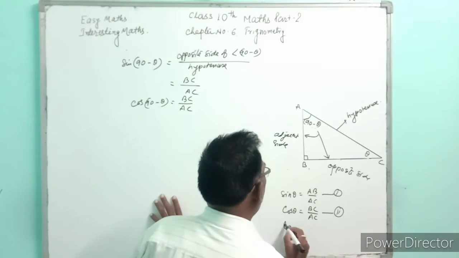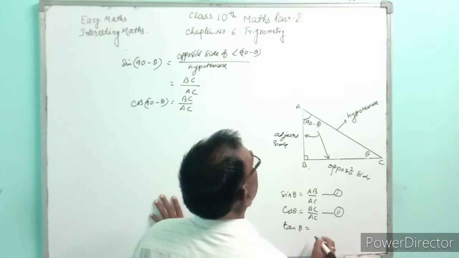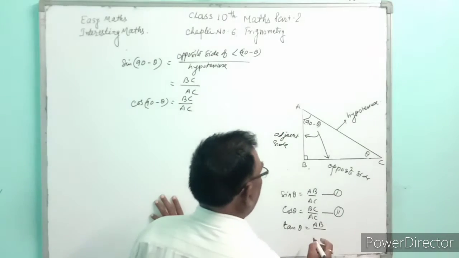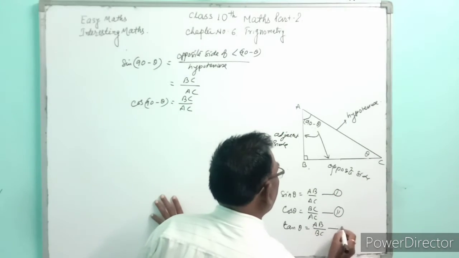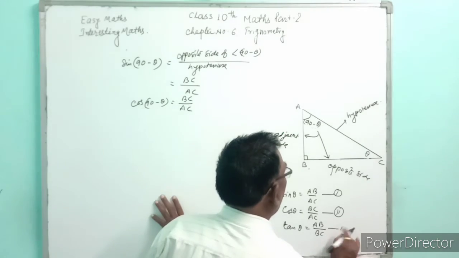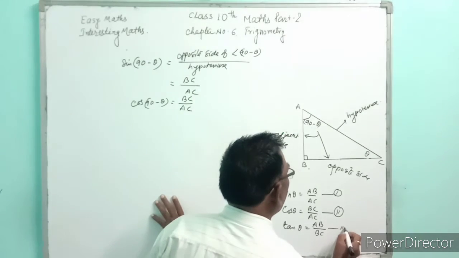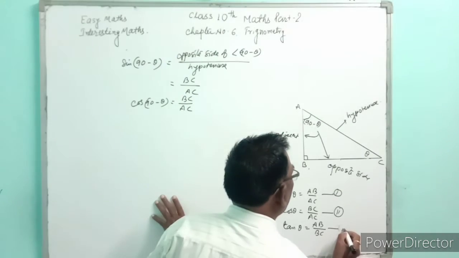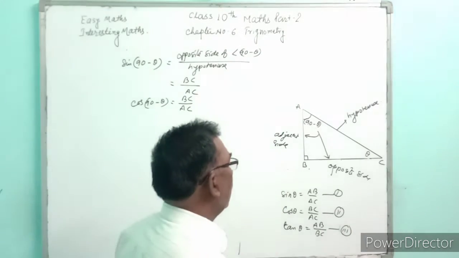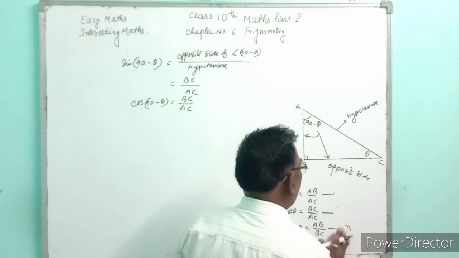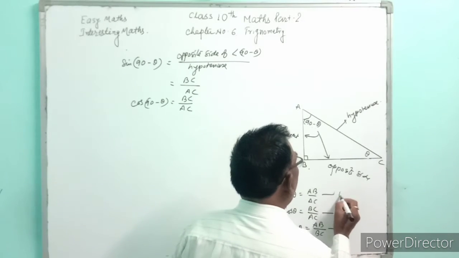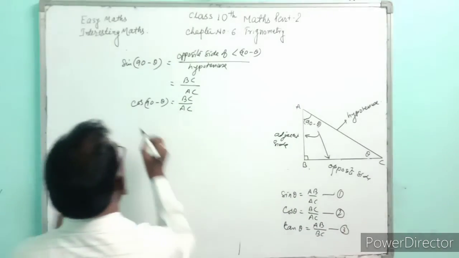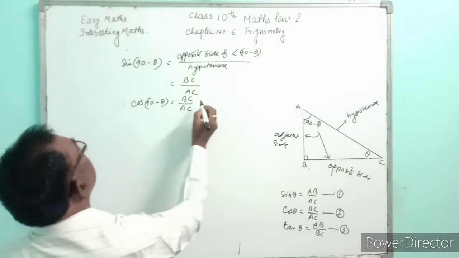And tan theta is equal to AB by BC. We have derived this formula, number 3. This is number 4.